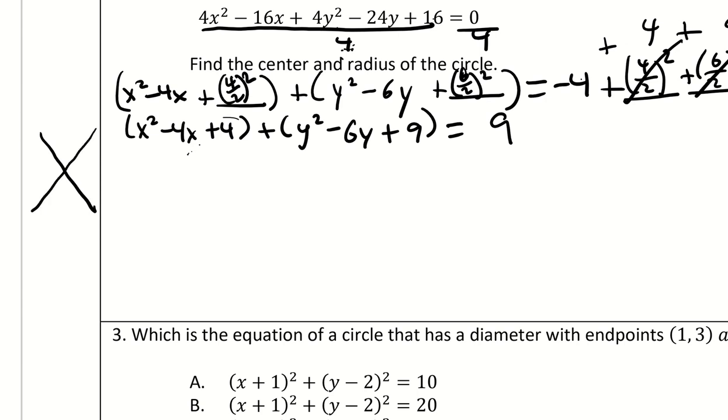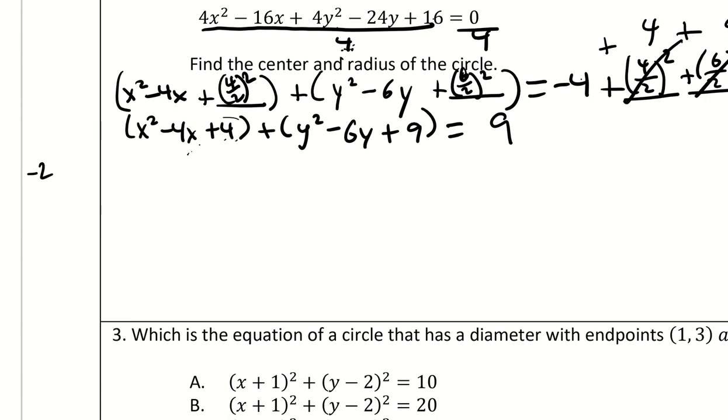In order to factor this guy, we need to find 2 numbers that multiply to negative 4, but add up to this number 4, positive 4. Sorry, I reversed it.